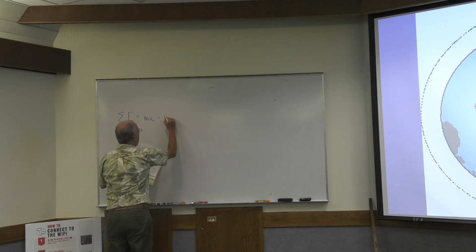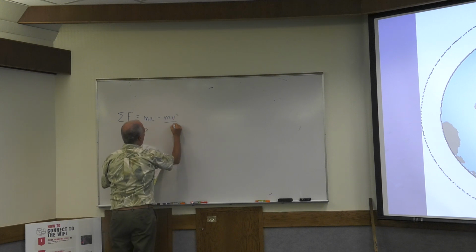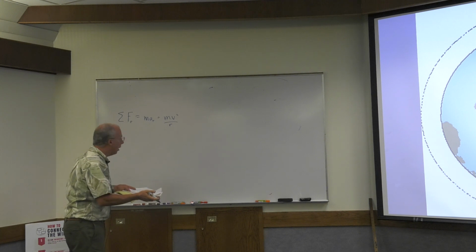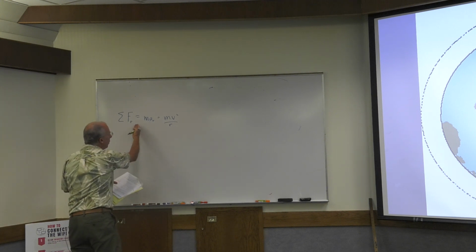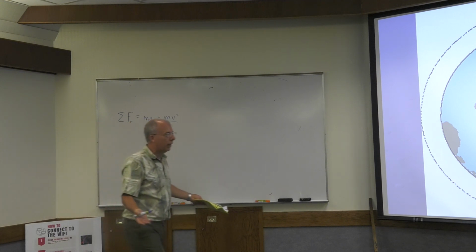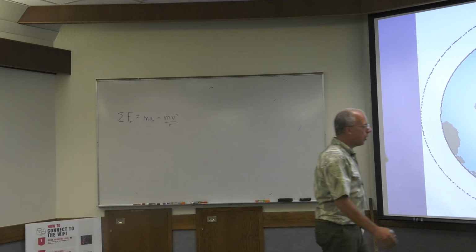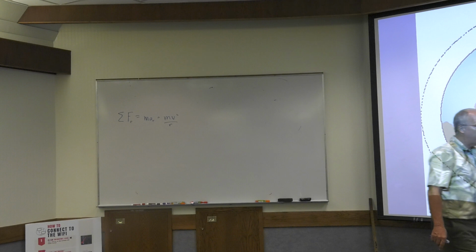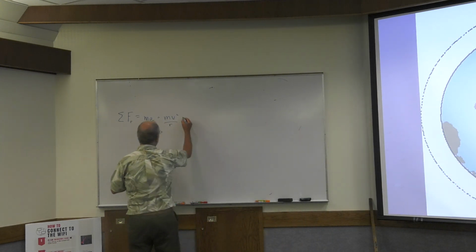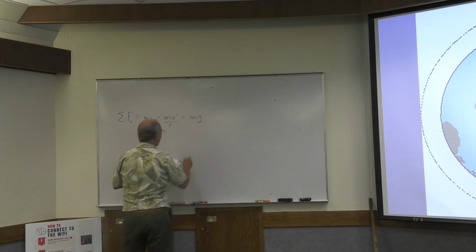So we have m v squared over r. Well, if it's close to the Earth, what's the only force acting on it? Gravity. If it's close to the Earth, what's the gravitational force? The weight, just the weight. So that's just mg.